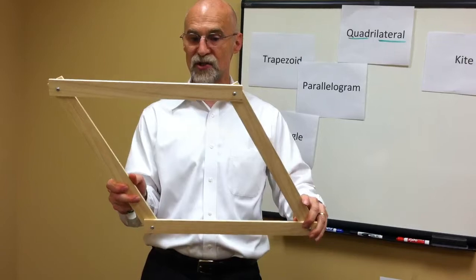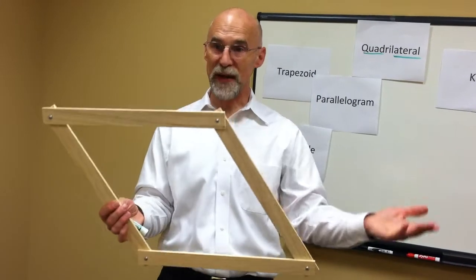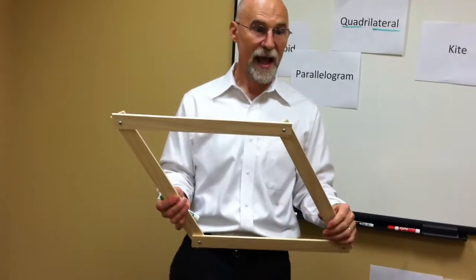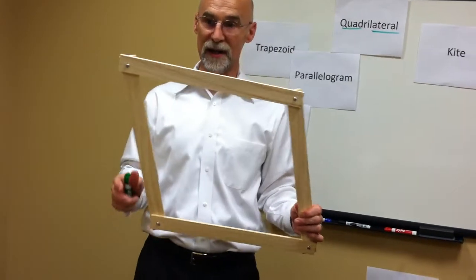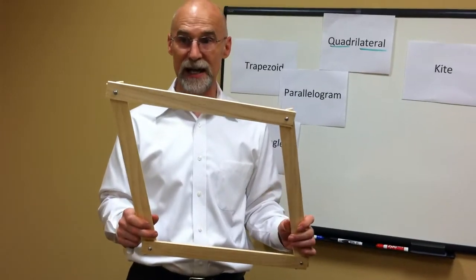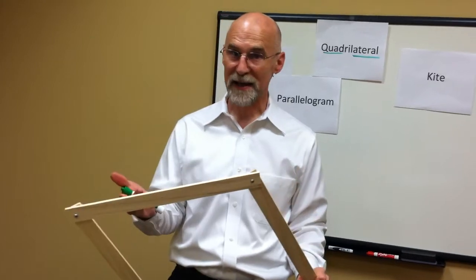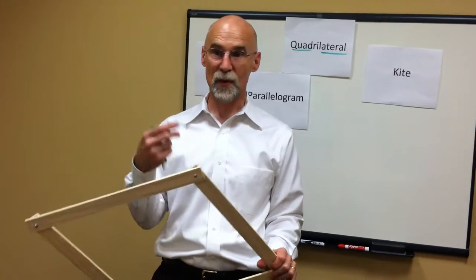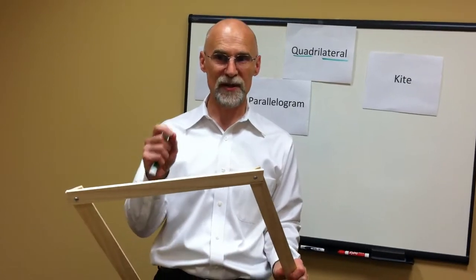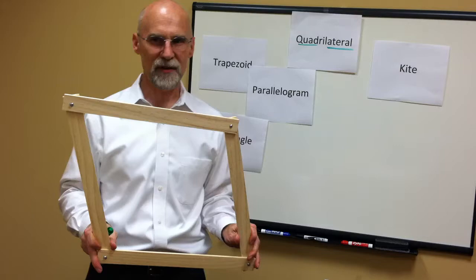It also has two sets of parallel opposite sides, which makes it a parallelogram. And since it also has at least one set of parallel lines as sides, it's also a trapezoid. But in mathematics, we always want to use the most specific term that we can when we're referring to an object. So always use the most specific one into which a shape will rightfully be classified.